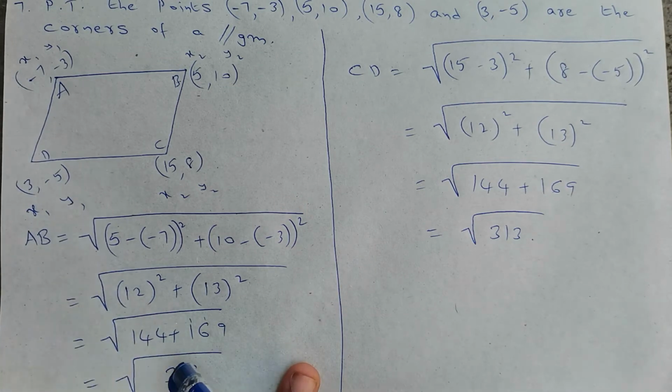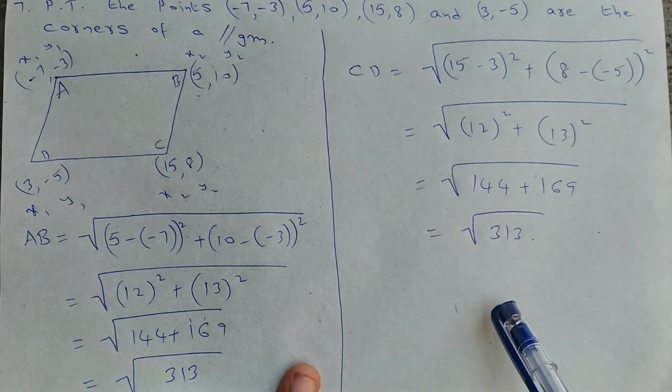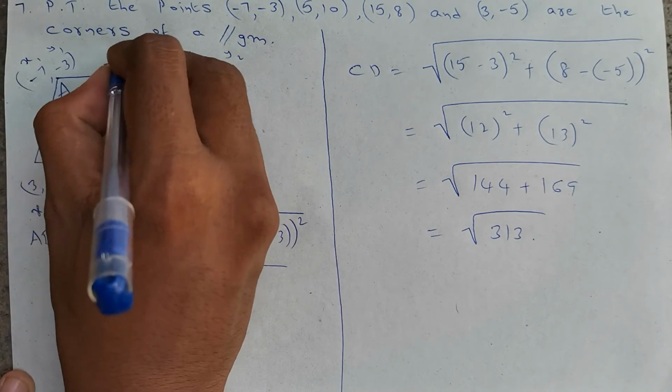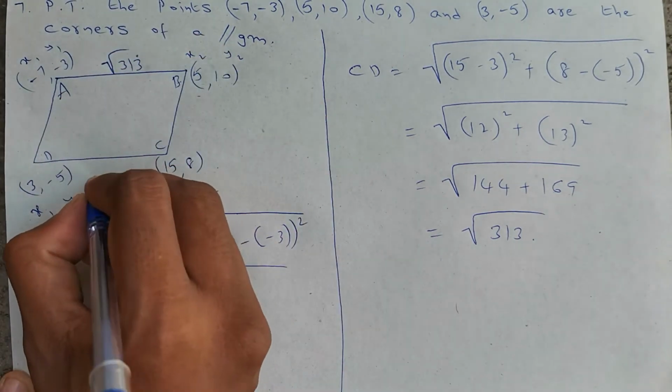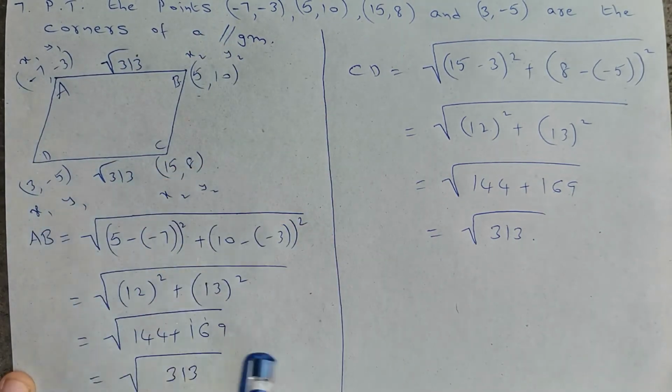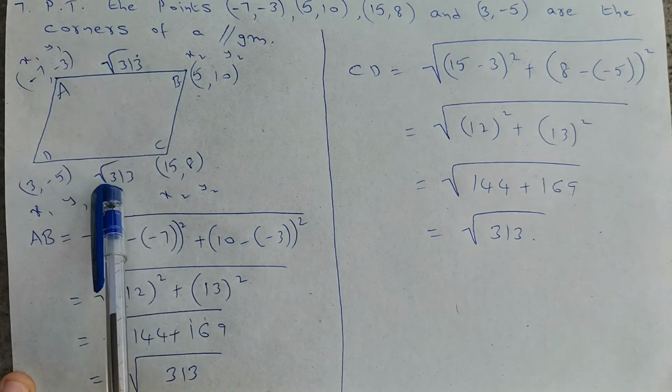AB distance is root 313, CD distance is also root 313. These two opposite sides got equal values.